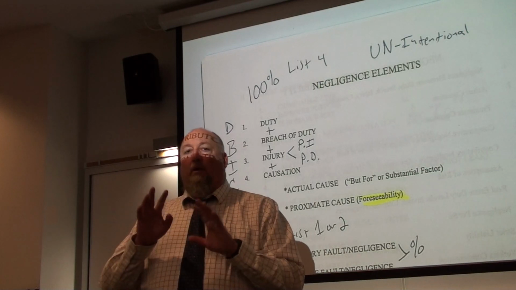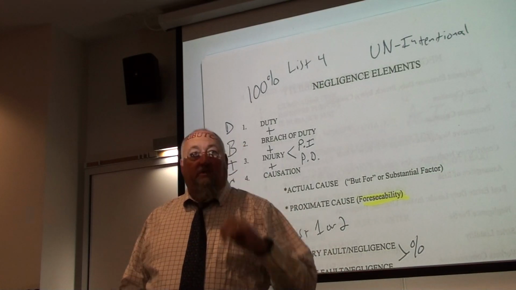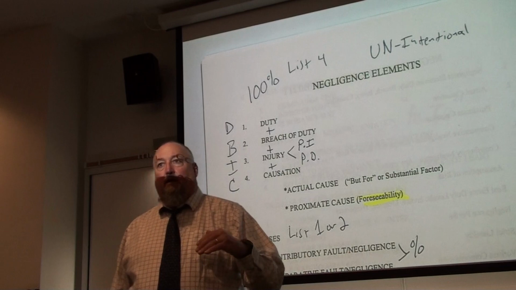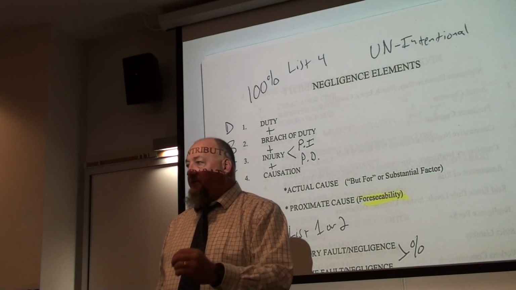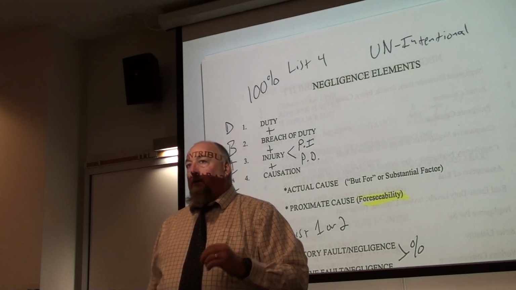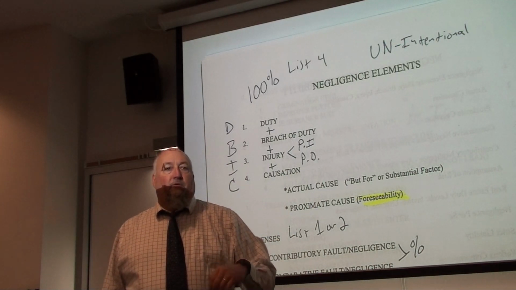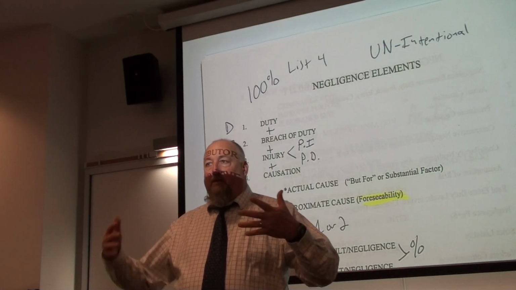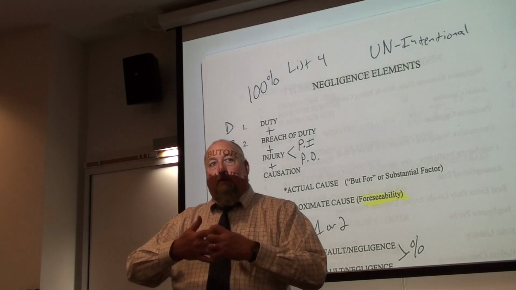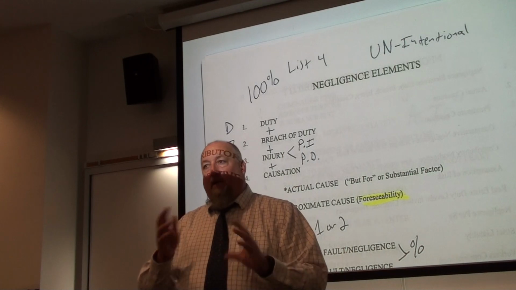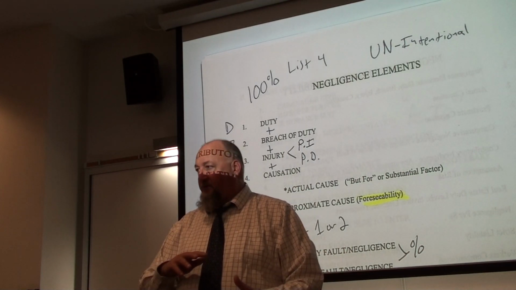Now, these four elements are very important because all four of these elements must be present in order for there to be negligence. You must be able to prove that all four of these elements link up with each other. If you don't have one of the elements, then there is no negligence.